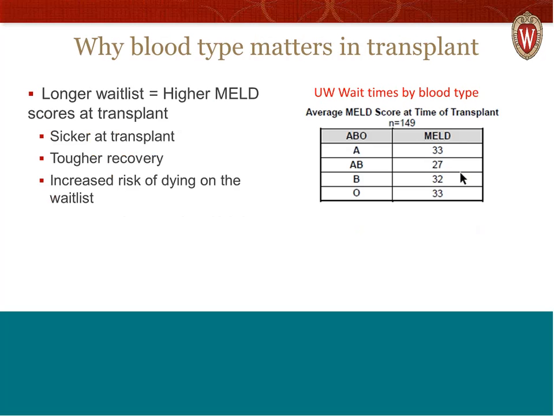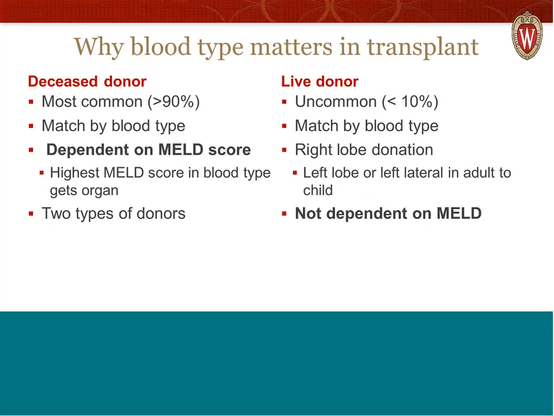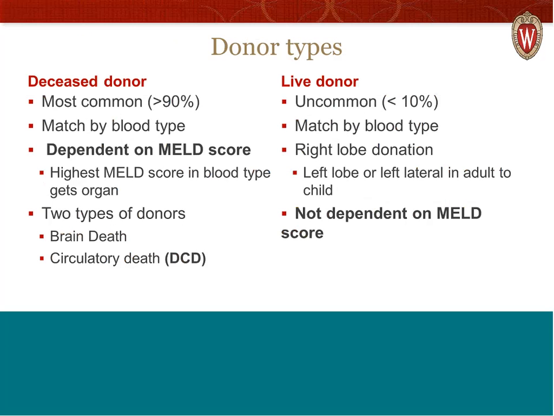And unfortunately, the real downside is there is an increased risk of dying on the transplant waiting list, okay? We do everything we can to try to keep people through to the finish line, but as they say, the waiting is the hardest part, and I think with liver transplant, that is the hardest part, the waiting.